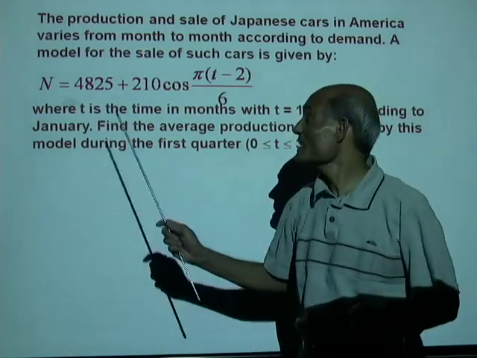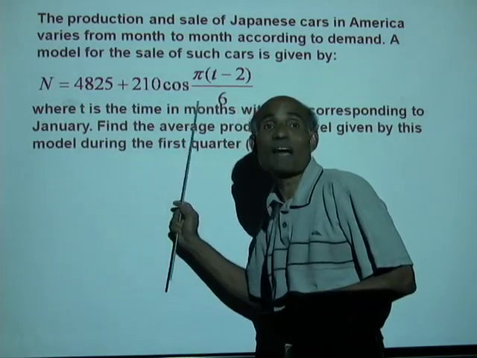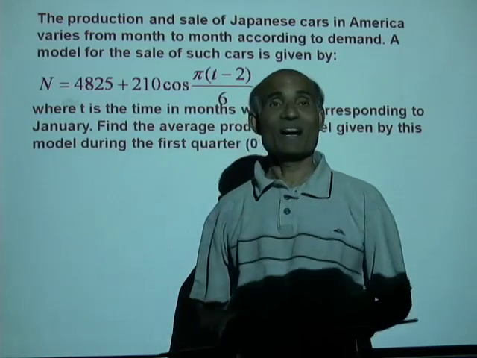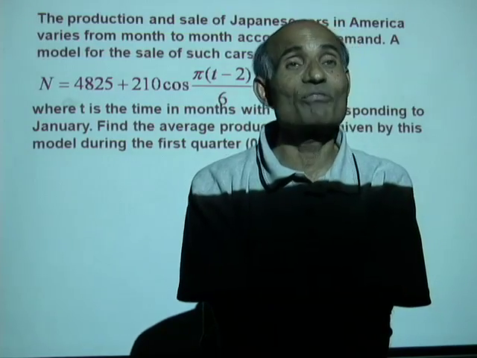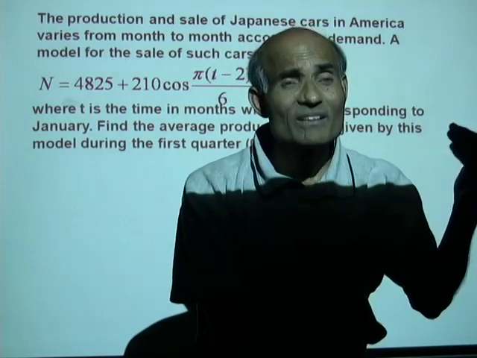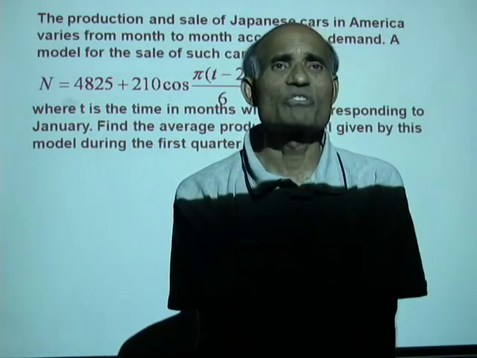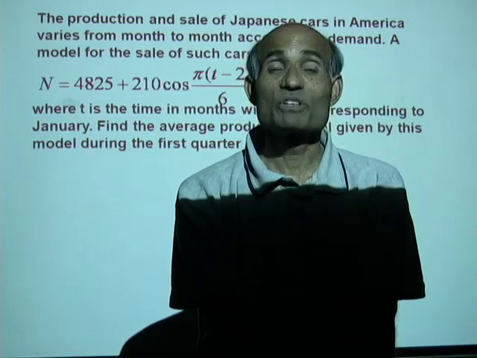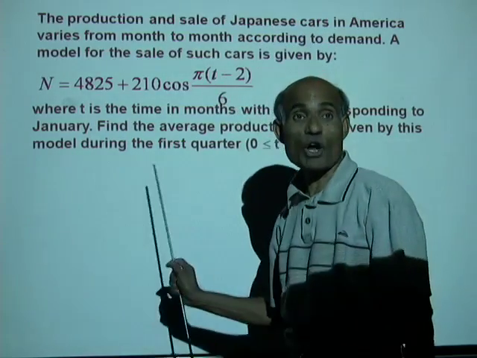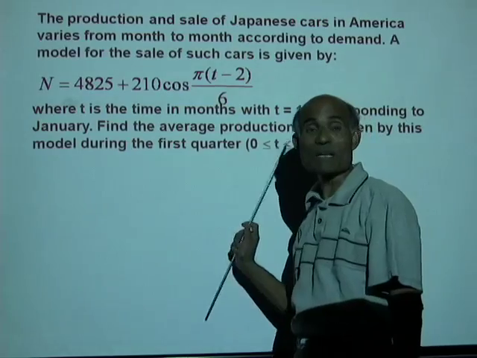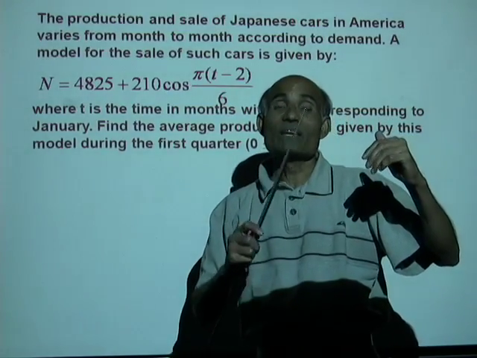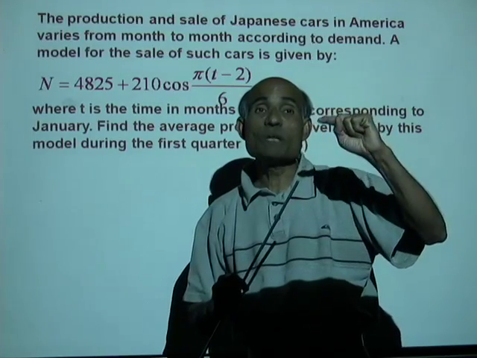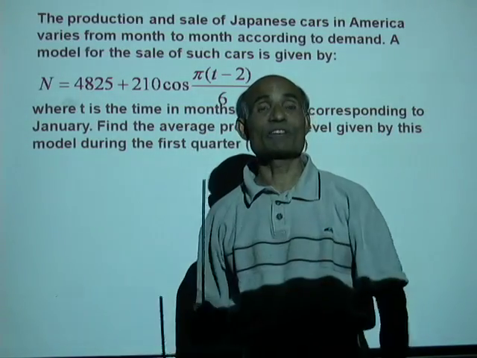In other words, we need to find the average value of this function. Now, can you recall the expression for average value of a function we discussed in maybe a couple of lessons ago? Average value of a function on an interval a b is 1 over b minus a integral a to b of f of x dx.